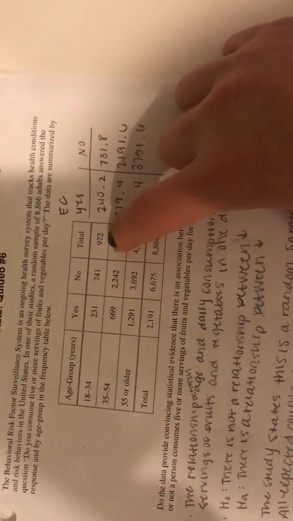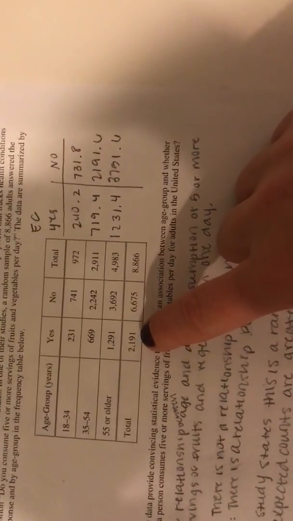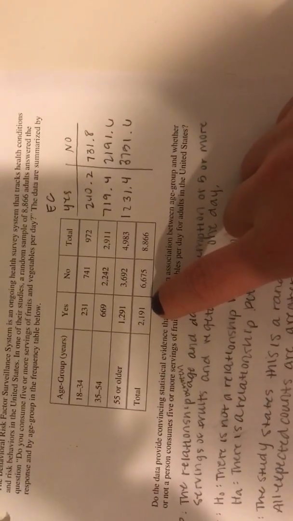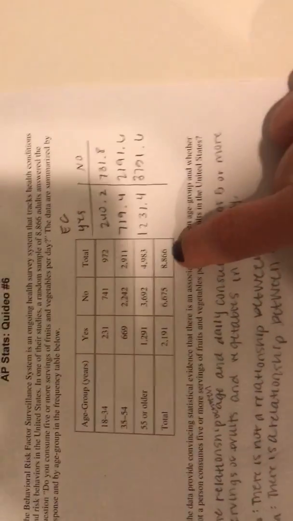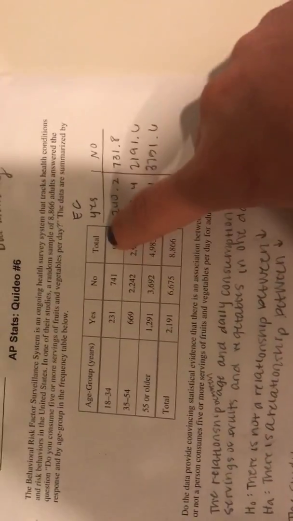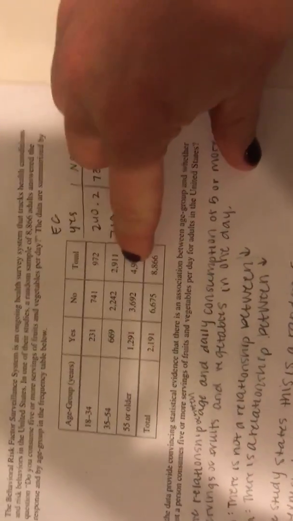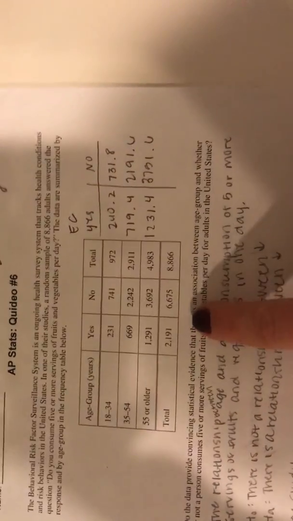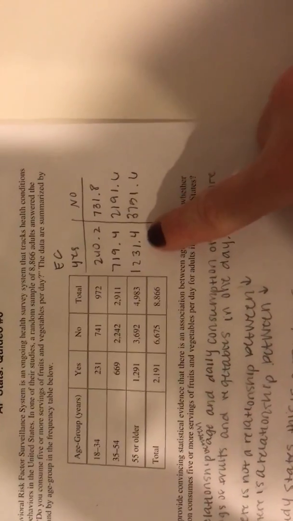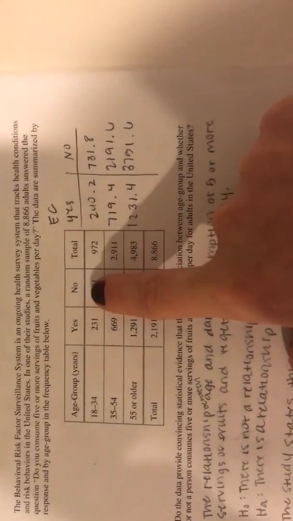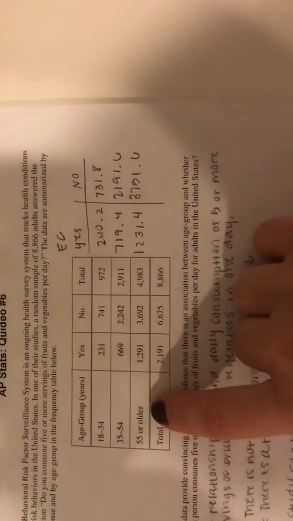And so I divided 972 by 2,191, and then multiplied and then divided it by this to get this number. And so you do it all the way out with these totals for yes and no. And so you'll have 6 numbers to represent the expected counts for the yes and no for these 3 age groups.